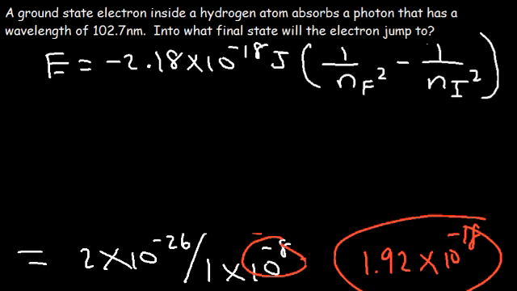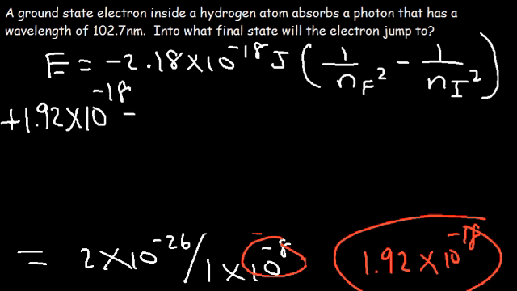So let's replace E with 1.9 times 10 to the negative 18. Now, is E positive or negative? Notice that the electron absorbs a photon. That means that the energy change is positive. So let's plug in positive 1.92 times 10 to the negative 18.